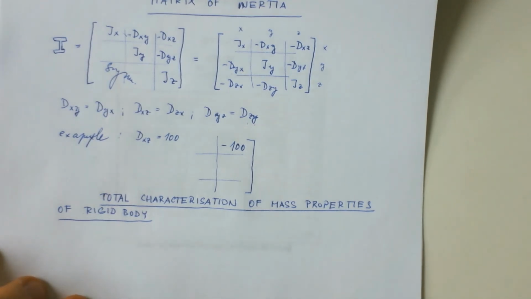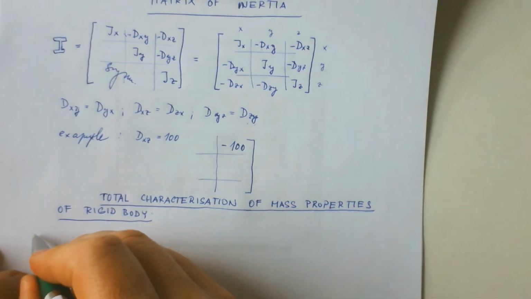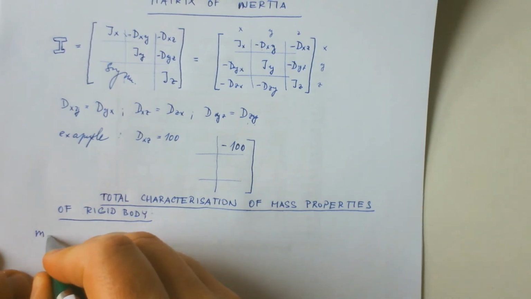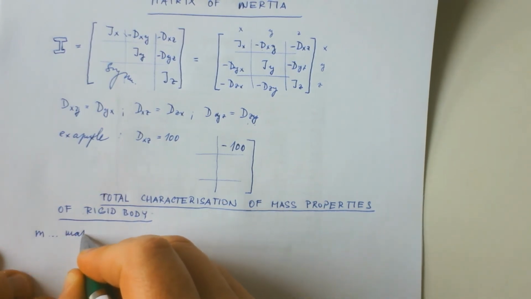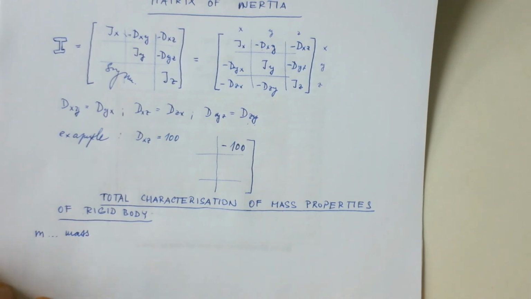If we think what is the total characterization of mass properties of rigid body, we can answer first, it is mass. So the body is defined by its mass. But it is not enough.